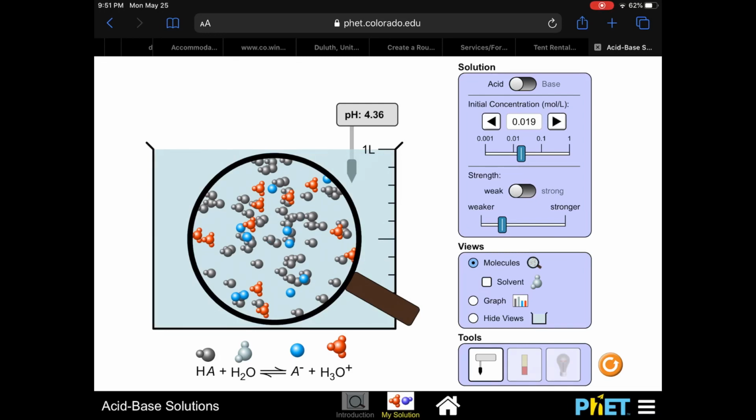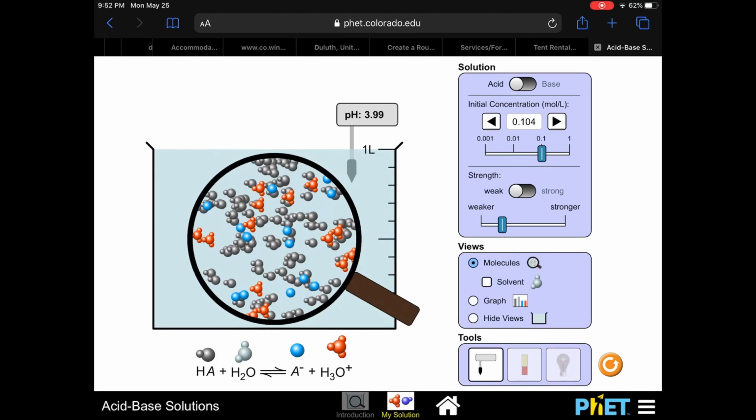As I increase the concentration, what's going on? Well, I'm adding more HA, which in turn means that some of them are going to dissociate. What happens to our pH if we have more H3O that's dissociated? Well, the stronger the acid in terms of concentration, the lower the pH.